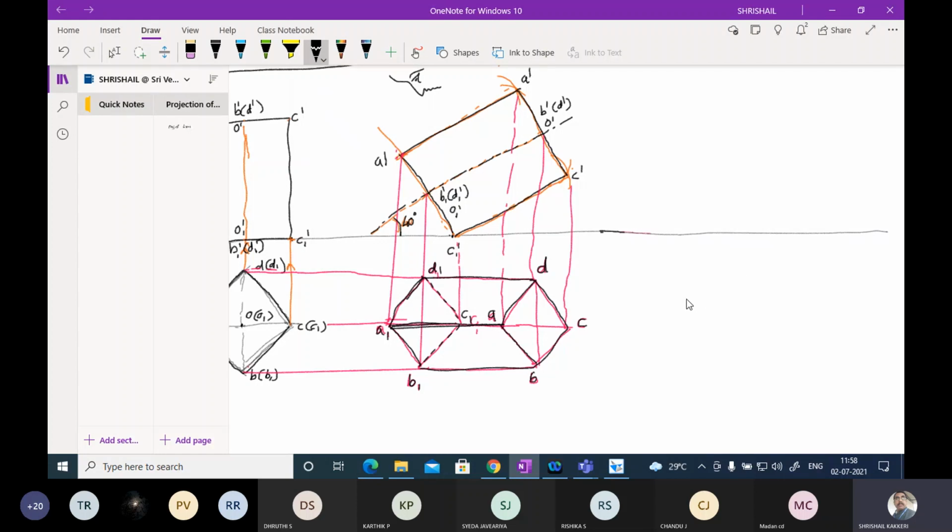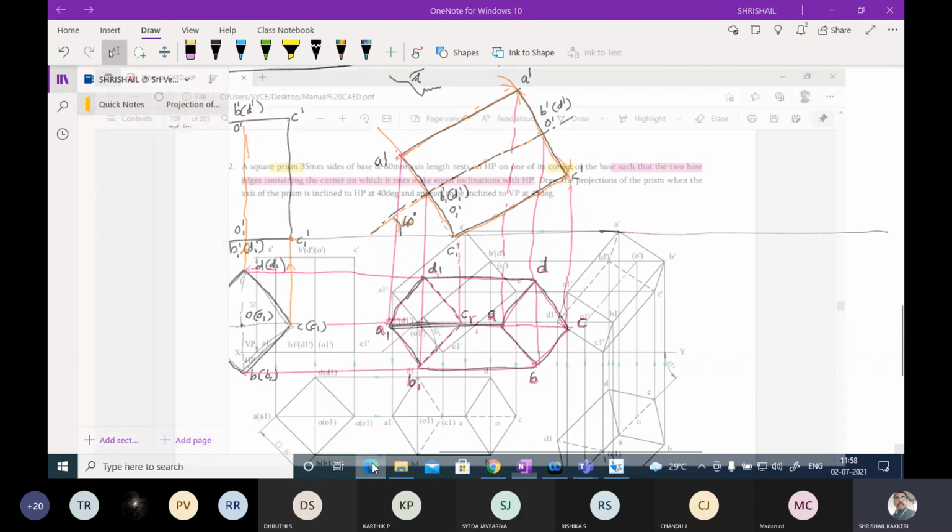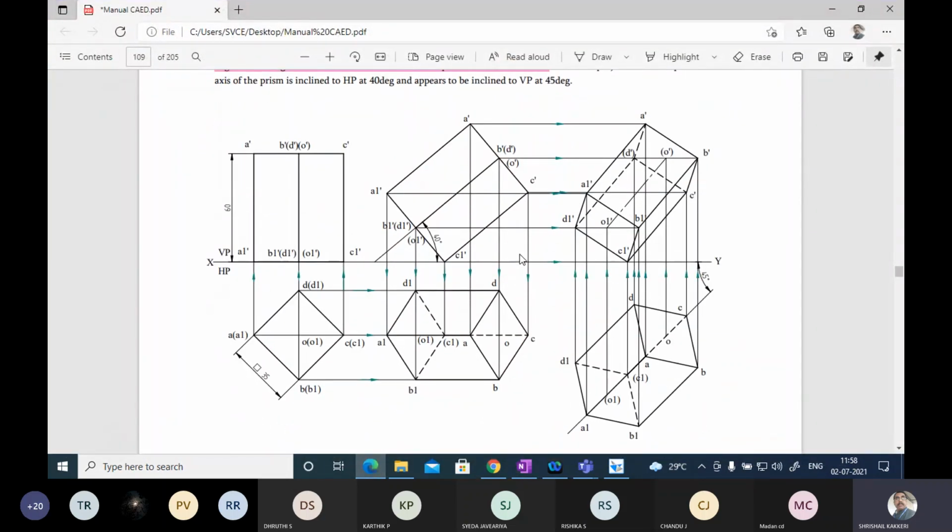Extend this. Now what I am doing is, they have not given us either the base is nearer to the observer or the top is nearer to the observer. They are not given. You can see here, whichever the way you want. You can make it to your convenience.